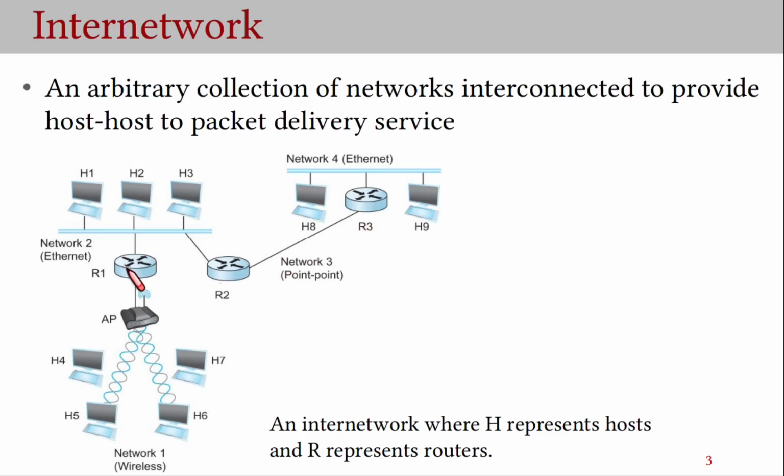These symbols represent routers, which are also called gateways. These are the devices that are used to interconnect different networks. And these devices with the letters H1, H2, and so on are hosts.